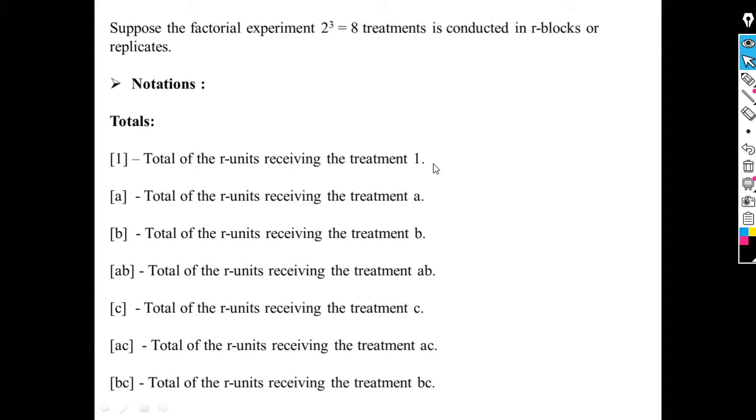Then BC denotes the total of the r units receiving the treatment BC. Then square bracket ABC denotes the total of the r units which receive treatment combination ABC. So these are the notations for totals of treatment combinations.